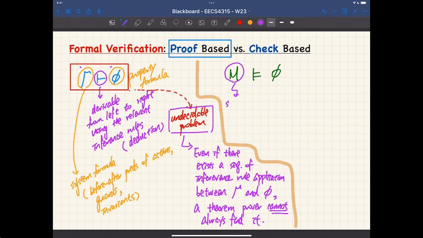This will be the system description, and it's usually formulated as a labeled transition system, which we're going to talk about when we talk about LTL. Labeled transition system, like a state graph.